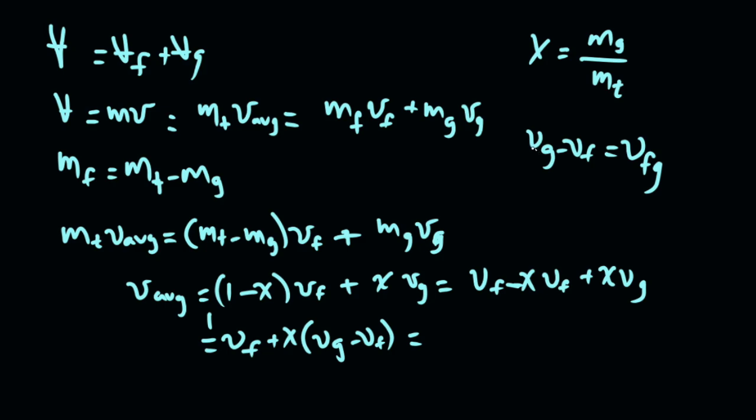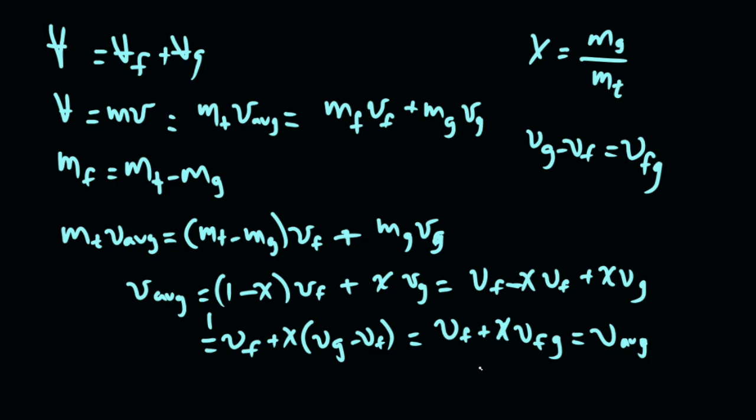It just signifies the difference. And so this is equal to V sub f plus x V sub fg, and this again is equal to our average specific volume of the mixture.